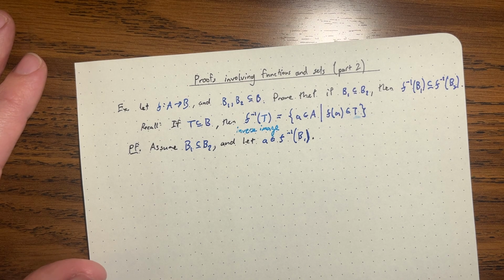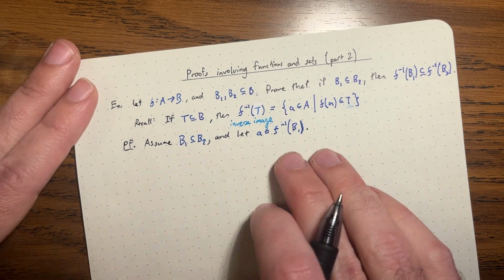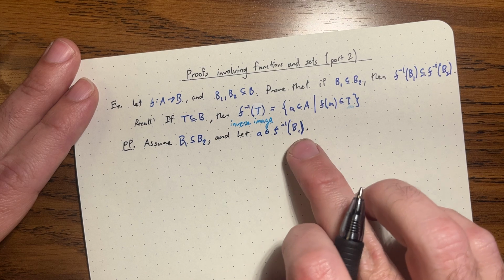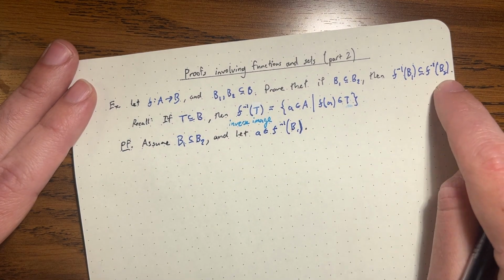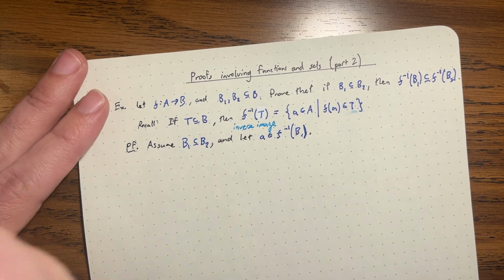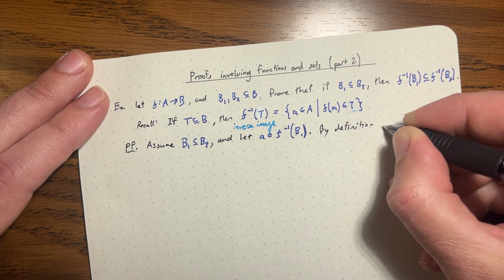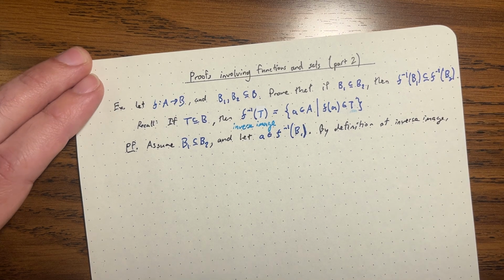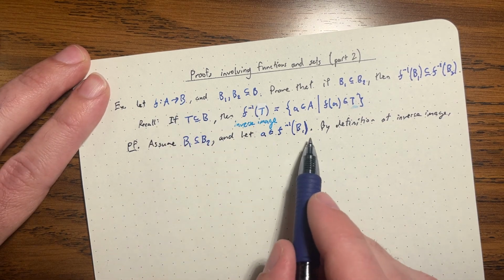What do we do now? The rest is just going to unravel from this. So we have the right setup here. That's the most important part. How do you get started? We're going to take an arbitrary element here and prove it's over there. Let's unravel this definition. What does it mean for a to be in there? By definition of the inverse image, that means a maps to B1.